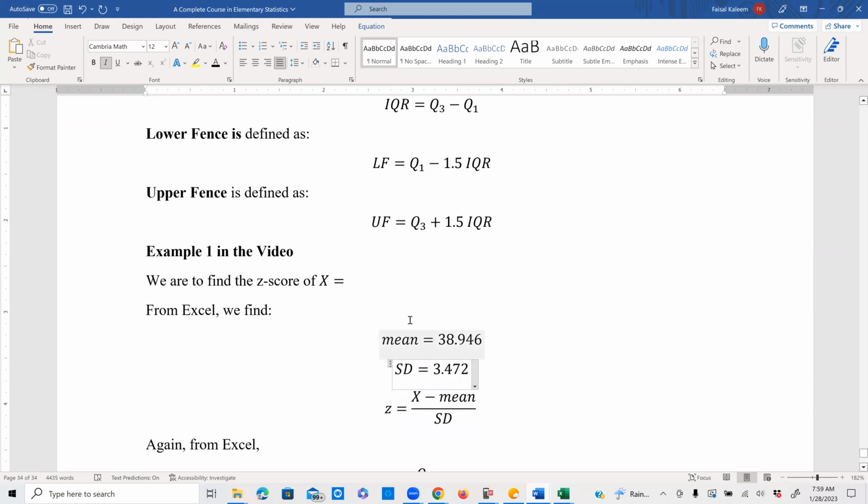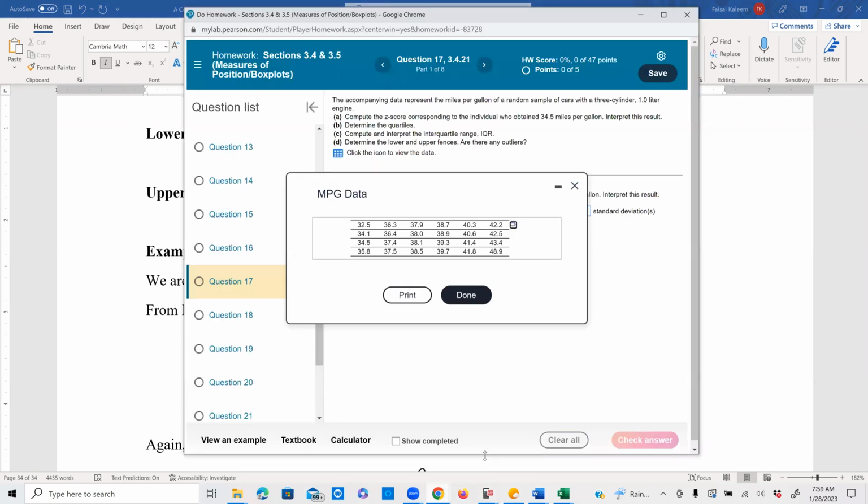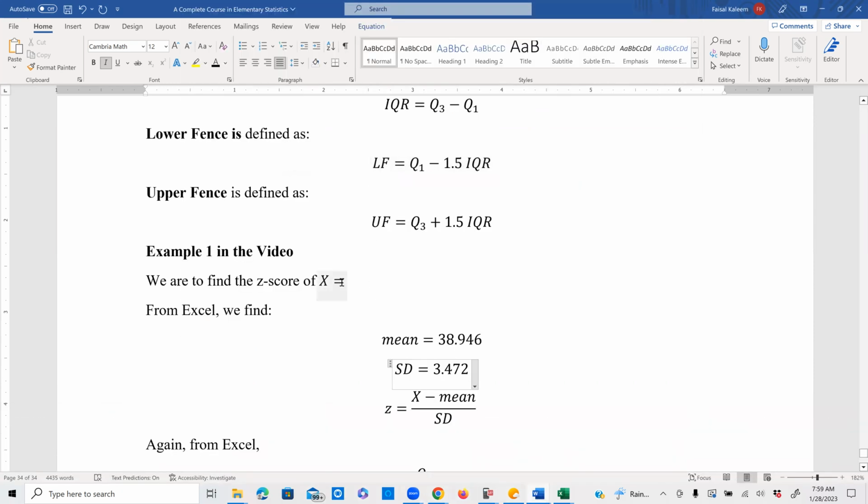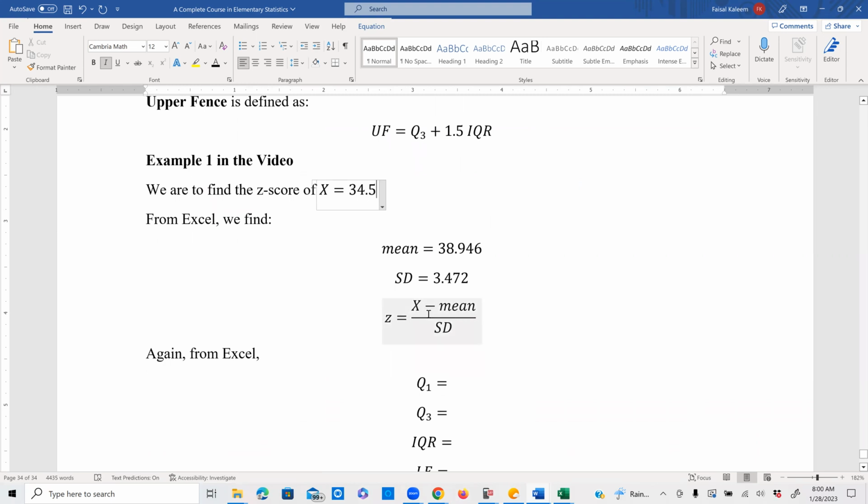And now we find the z-score of the given value. So let's go back to see what the value was. The reason why we use sample standard deviation is, it says here, a random sample of cars. So we want the z-score for 34.5. So x is equal to 34.5. Let's copy this template again.